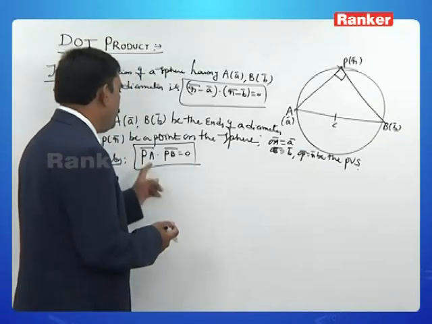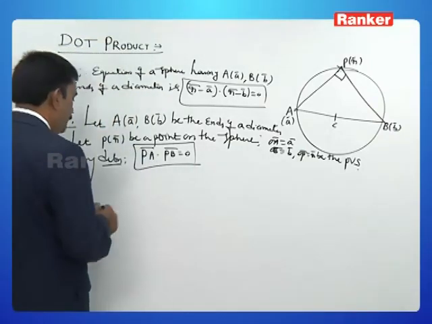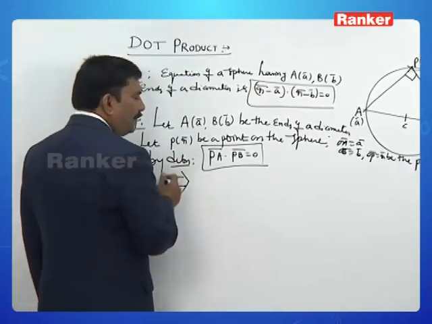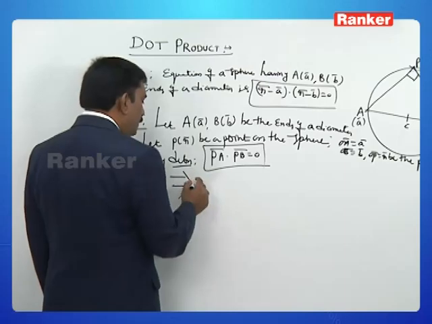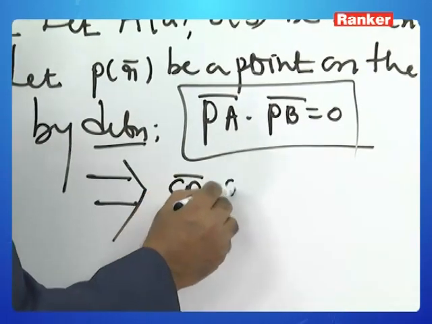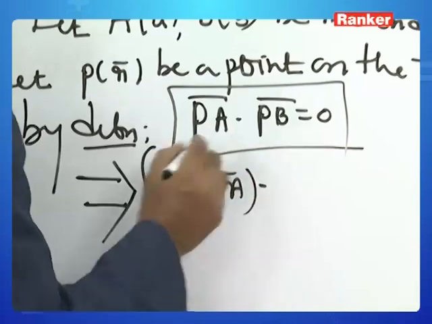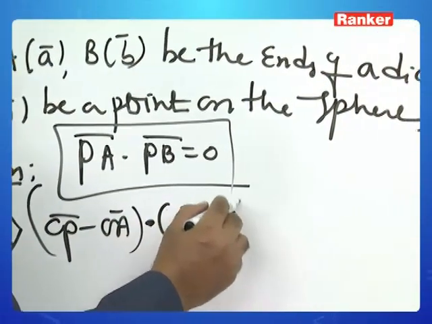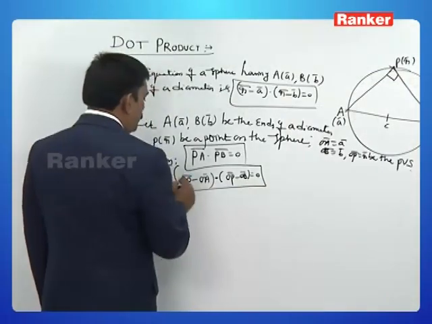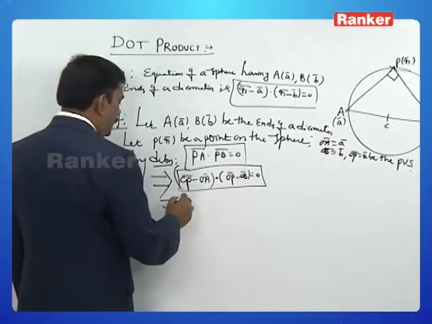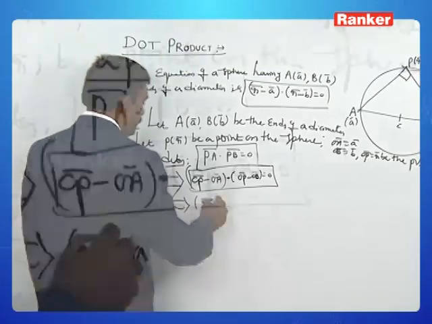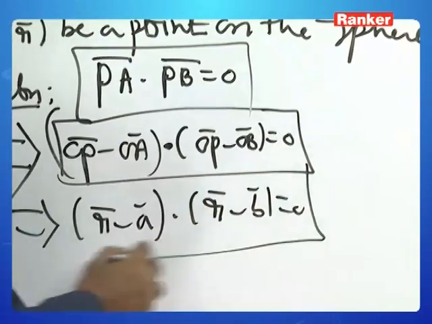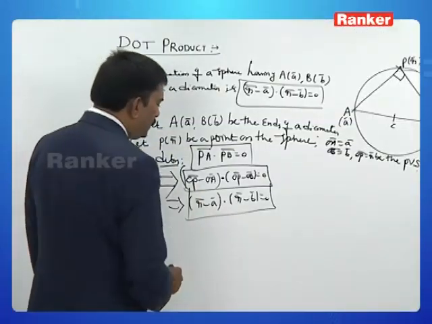So PA bar · PB bar = 0, which implies (OP bar − OA bar) · (OP bar − OB bar) = 0, that is (r bar − a bar) · (r bar − b bar) = 0.